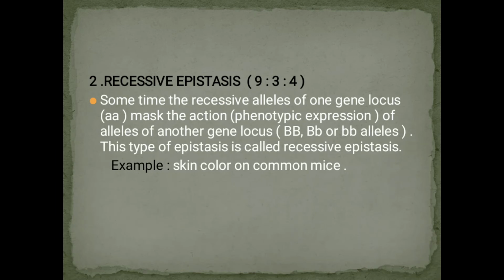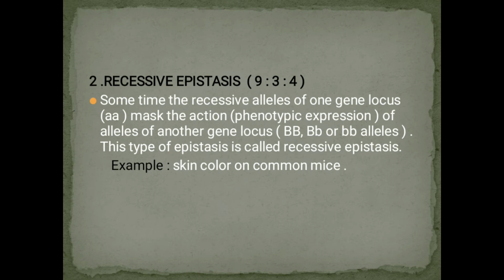Second one, recessive epistasis. Its ratio is 9:3:4. Sometimes the recessive alleles of one gene locus, small a, mask the phenotypic expression of alleles of another gene locus, capital B, capital B and small b, or small b alleles.